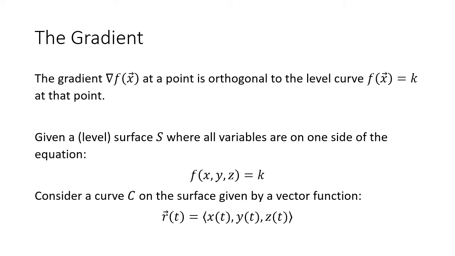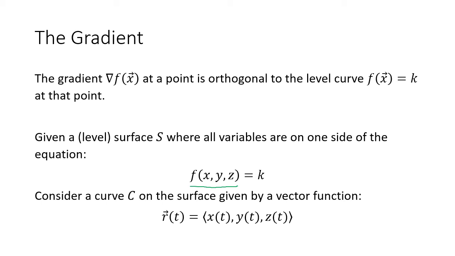We saw this very briefly in earlier units, but a level surface is basically where the x, the y, and the z are all on one side of my equation, and then it's just a constant on the other side. So again, this is still a surface in 3 dimensions. I still have 3 variables, x, y, and z. It's just that I have it written as an implicit function with every variable on one side.